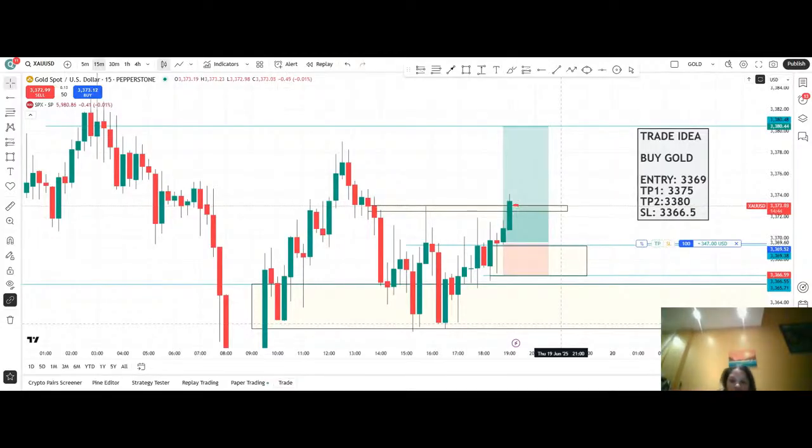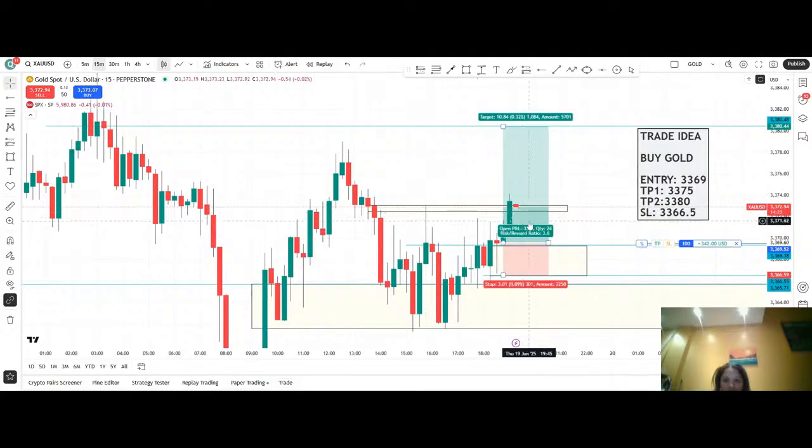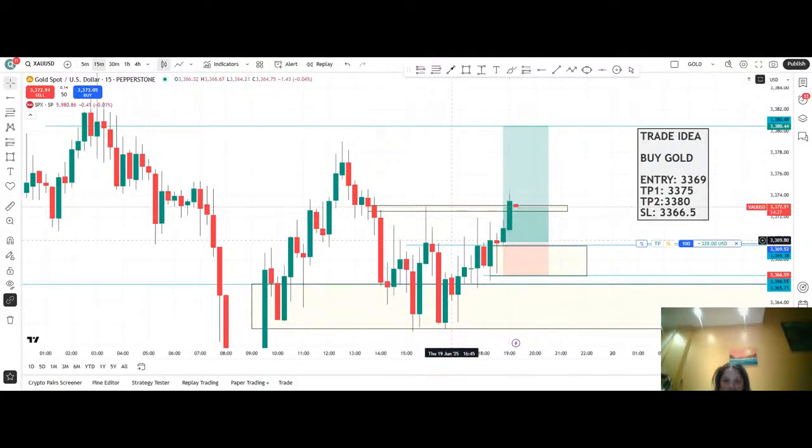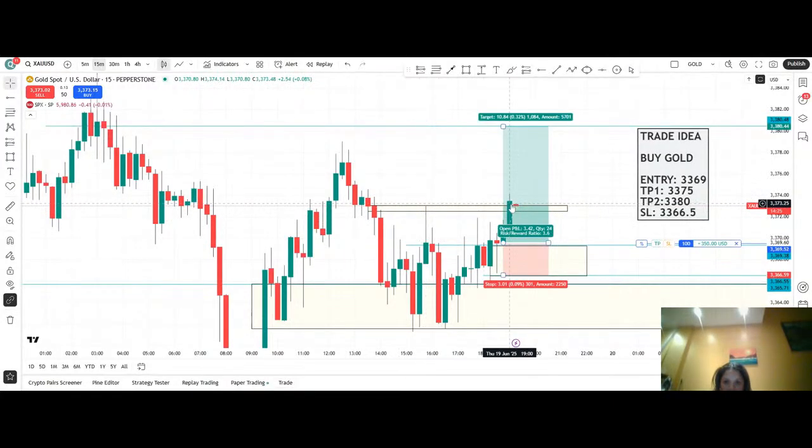That's a beautiful close. As you can see, guys, I strategically placed this box here on this wick just to show you that because of the 15 minute, that's how I manage my trade. So on this 15 minute, you can see how this candle closed right above the body of this candle.